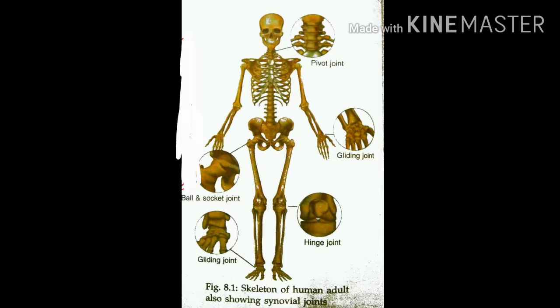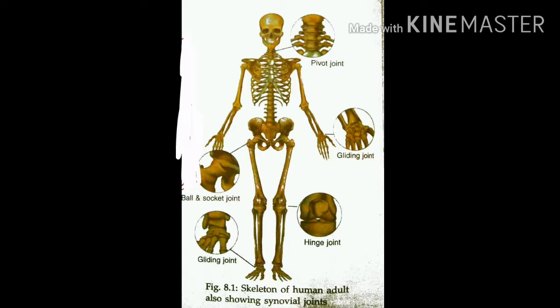The joints in the human body are broadly classified on the basis of their movements. Joints are held together by strong connective tissues called ligaments.